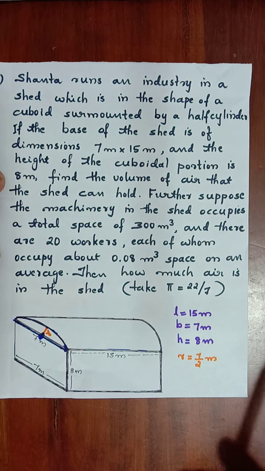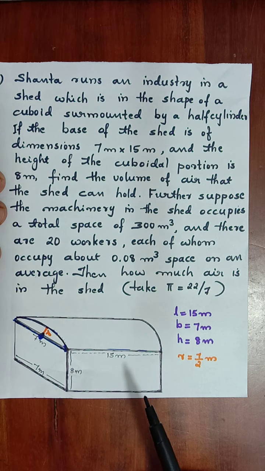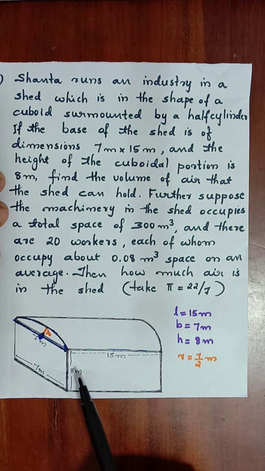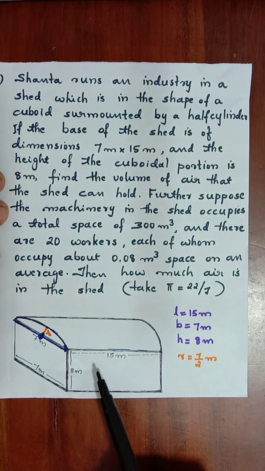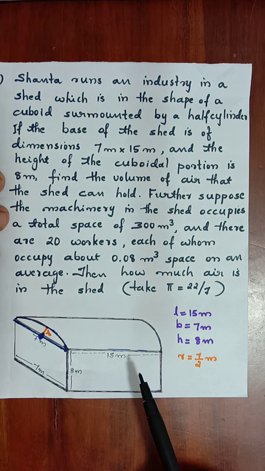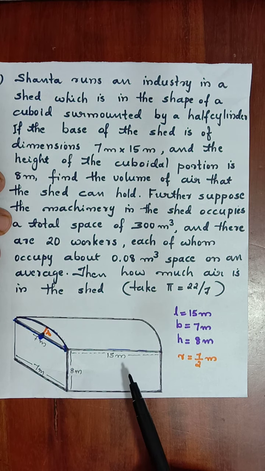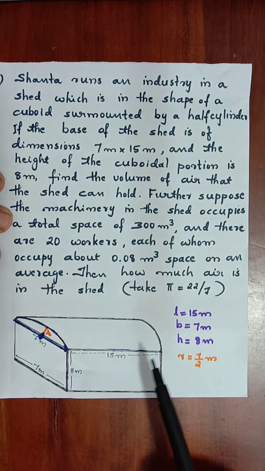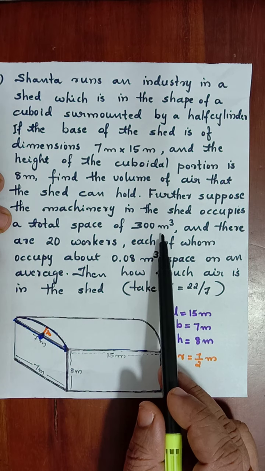Find the volume of air that the shed can hold. How much air is there in the shed? A shed consists of both the part cuboidal as well as half cylindrical part. So volume of cuboid plus volume of half cylinder will be volume of the air inside this shed. Further, suppose the machinery in the shed occupies the total space of 300 meter cube. It occupies space of 300 meter cube.